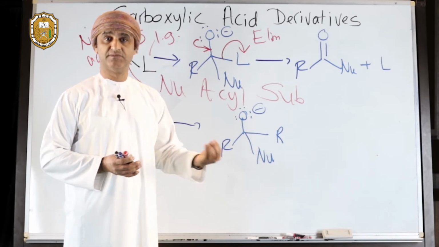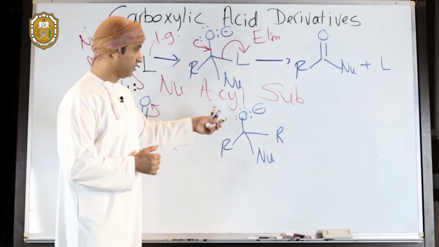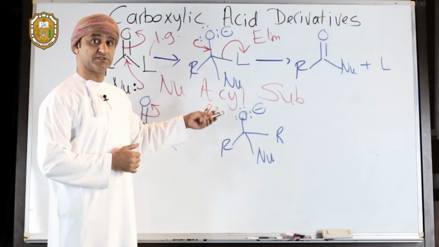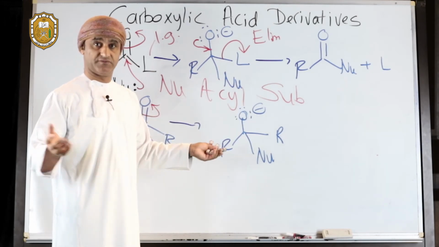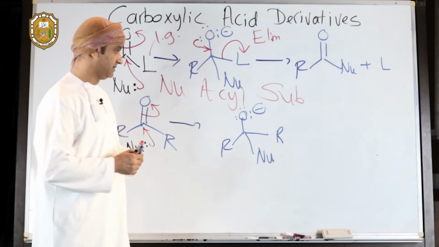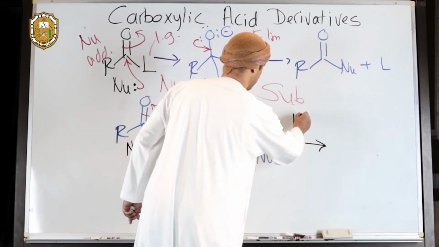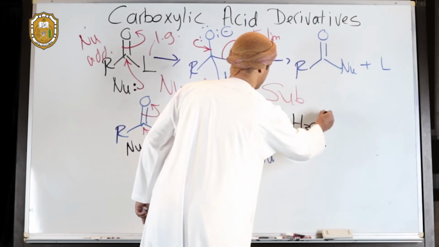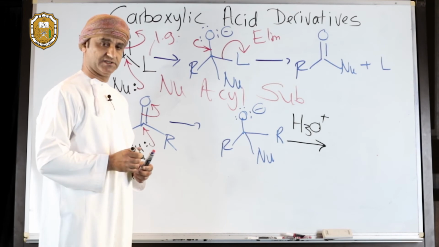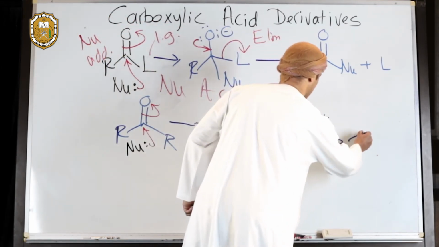Therefore, it's an extremely poor leaving group. Now this alkoxide intermediate would not expel R because of that, but rather it would get protonated. So if this alkoxide intermediate is treated with H3O+, it gets protonated to form a final alcohol product as a result of this protonation.